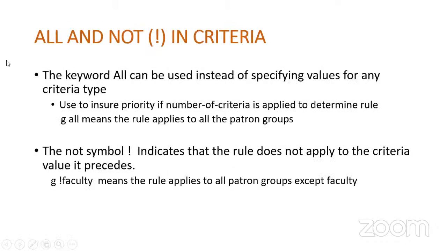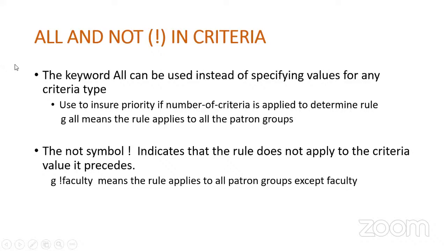So there are also two things to know here. There are criteria. You can use the keyword all in specifying values for a criteria. Now, this is not required. For instance, if you wanted something to apply to all patron groups, you would not have to specify a patron group at all. But you might want to say patron group, G all, meaning that the rule applies to all patron groups.